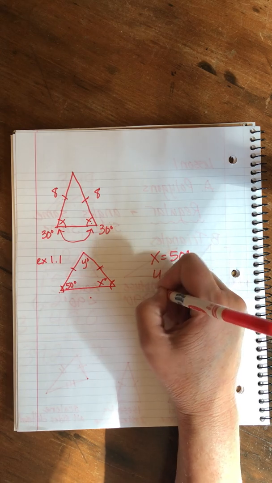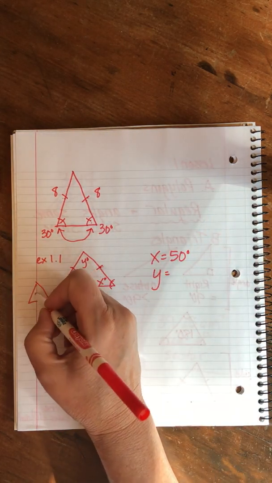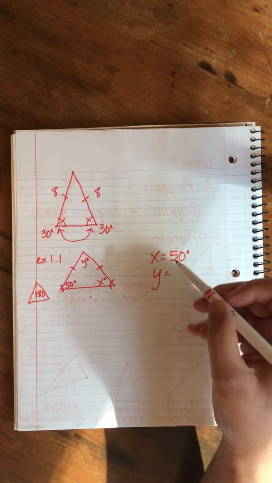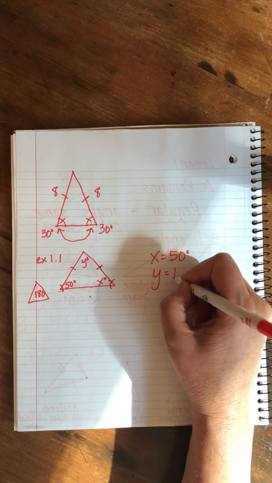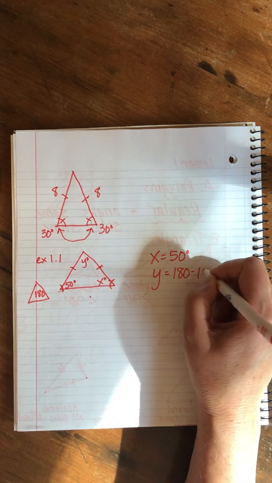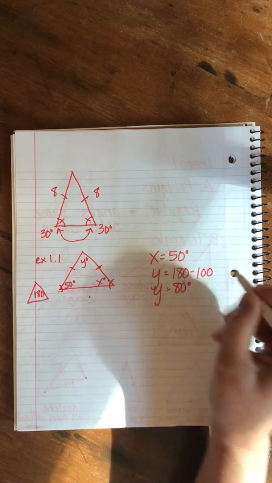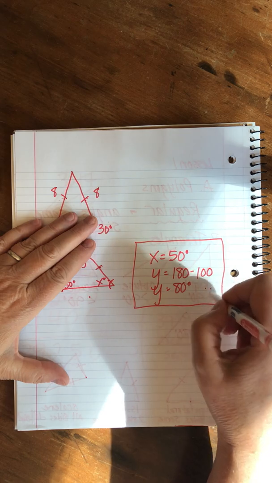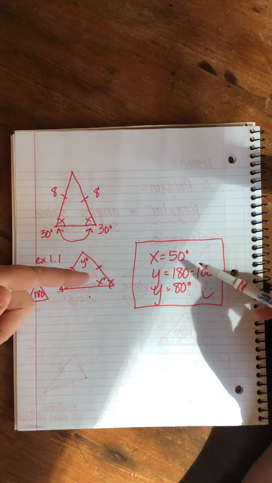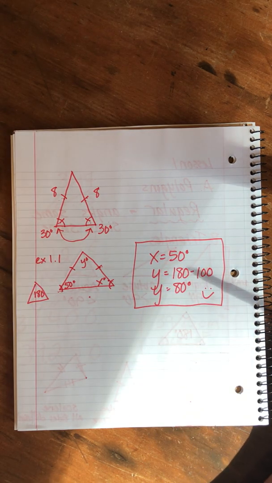And so y, we also know that they all add up to 180, right? So if these two are 50, that equals 100. So this has to be 180 minus 100, or 80 degrees. Those are the right answers, okay? So we can start using our geometric knowledge to solve little algebra problems.